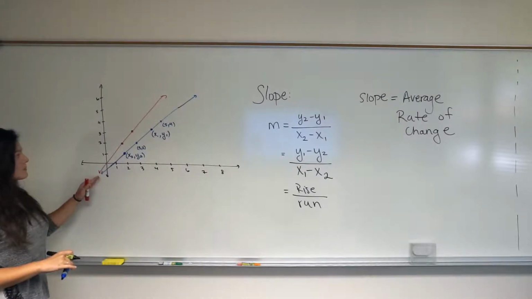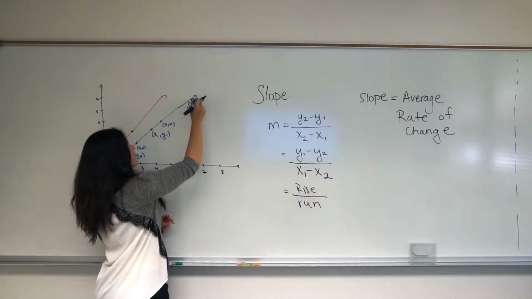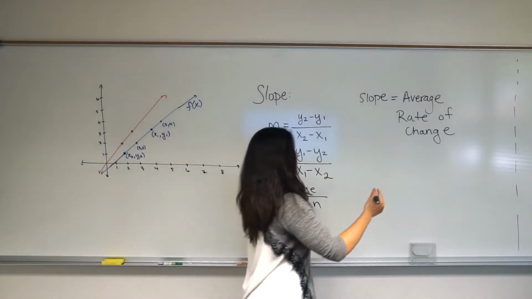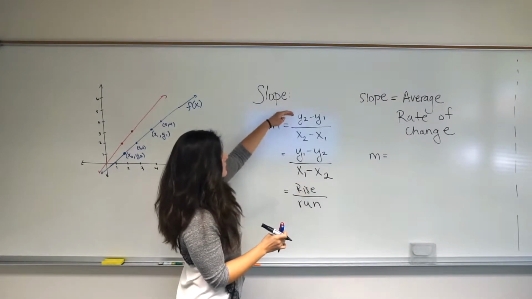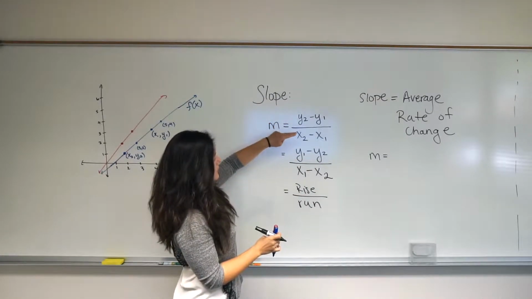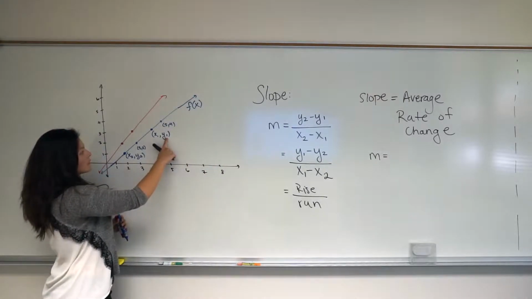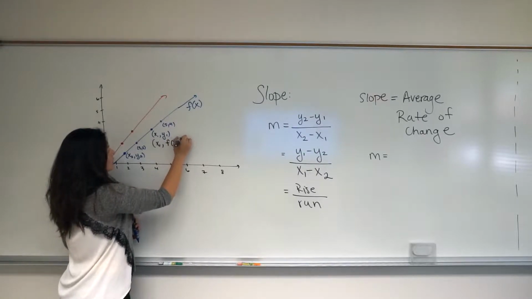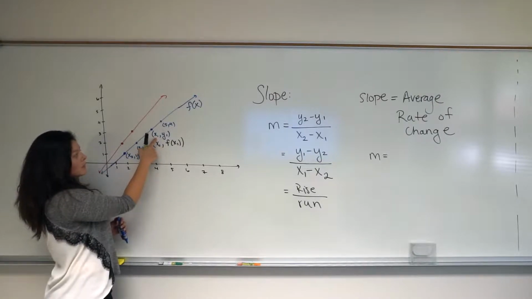Okay, so if I'm talking about this blue line in terms of a function, so let's say this blue line represents a function that we've called f of x. Then to find the slope, remember we said it's the change in the output values over the change in the input values. So this point right here, y1 is an output value, which I can also write as f of x1, right? y1 is the output value corresponding to the input value x1.